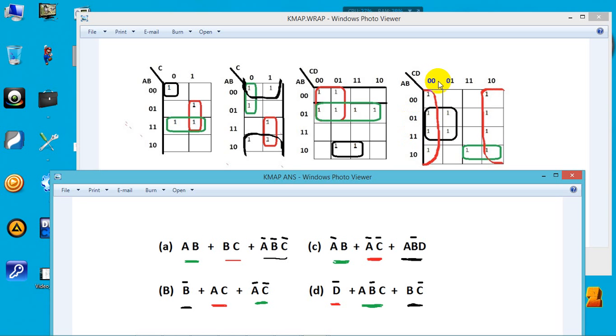Then you come to the top side, you can see that C was moving from 0 to 0, it means we maintain it, but we have to complement it. And looking at this D side, it was moving from 0 to 1, it means we will knock it out. So for this group also, you can see that we have our B which was moving from 1 to 1, and our C which was moving from 0 to 0, but we have to complement it. That's the reason why we have BC complement.